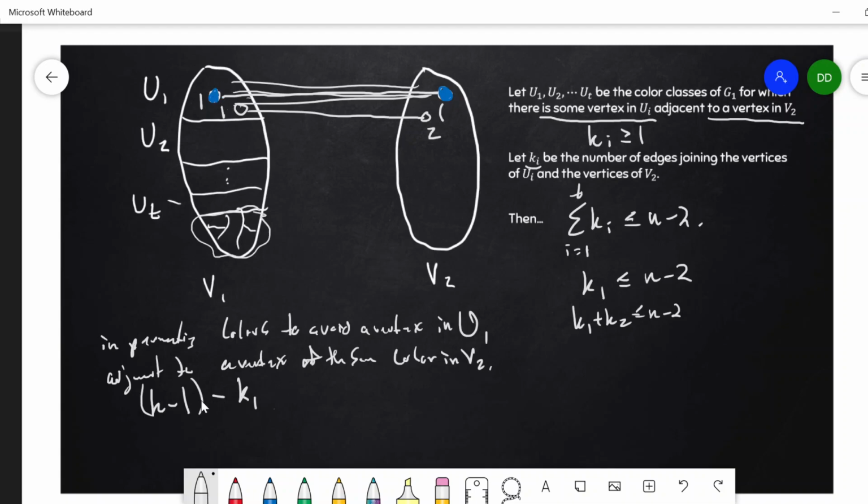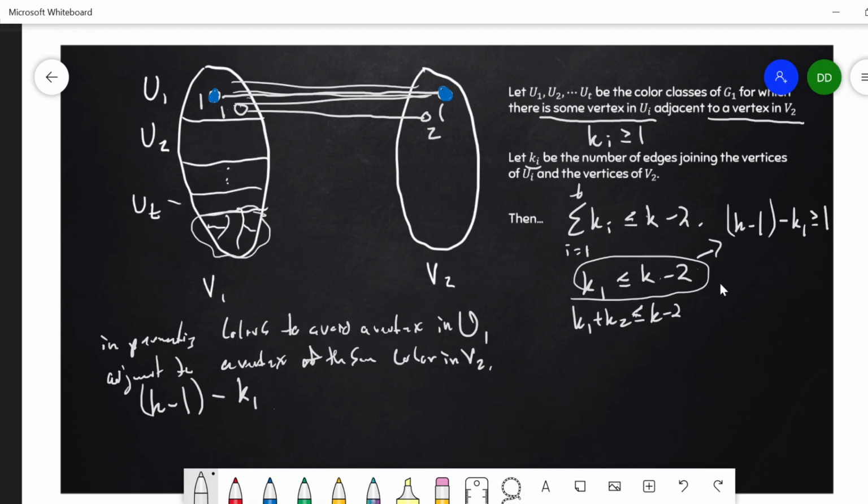But of course, let's see. So if I take this and I rearrange this a little bit. Oh, sorry, this isn't n minus 2. This is k minus 2. K1 is less than or equal to k minus 2. So if I take this and rearrange it, I can see that k minus 1 minus K1 is at least 1.